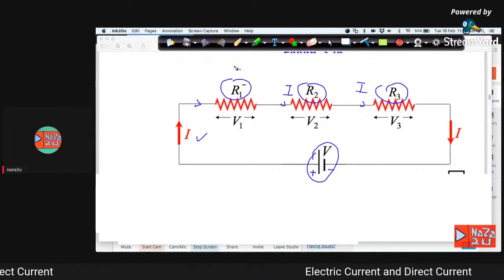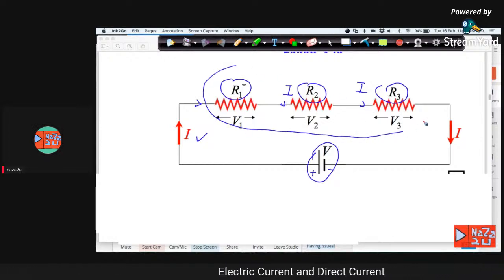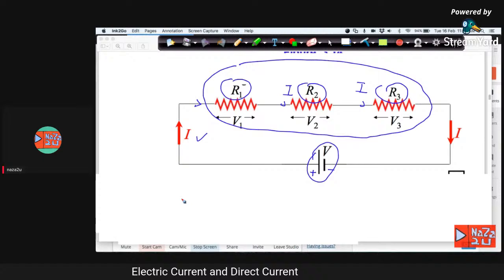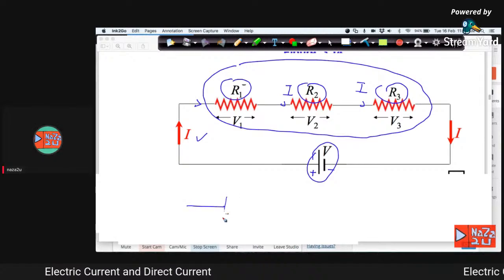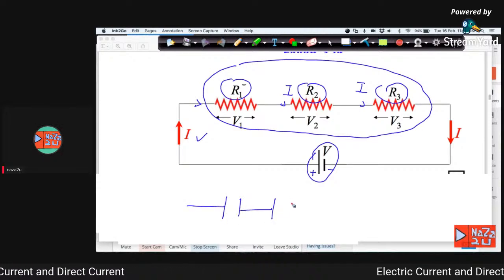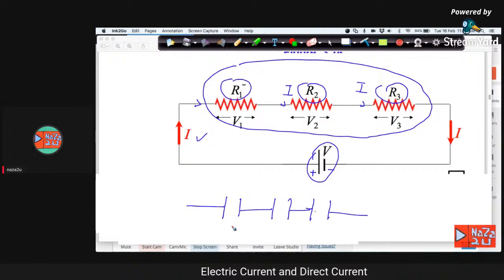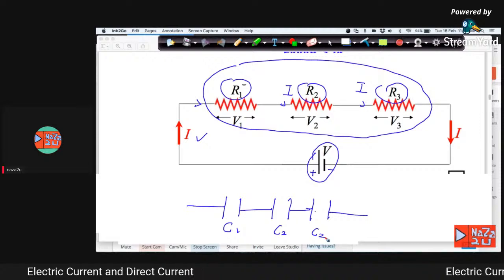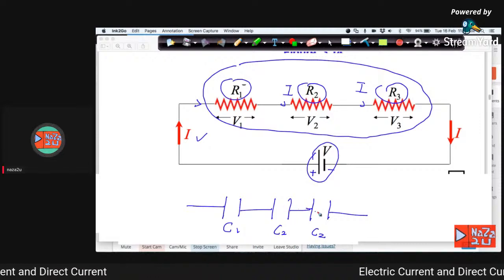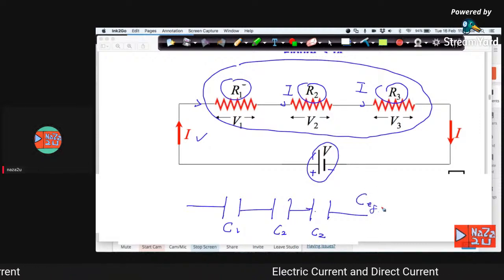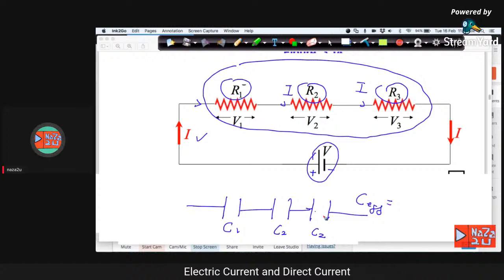So now what is the effective? Kalau kau masih ingat dalam chapter 2, let's say we have 3 capacitors. Let's say this is capacitor 1, this is capacitor 2, and capacitor 3. So you can find the total or effective capacitance for the series circuit.